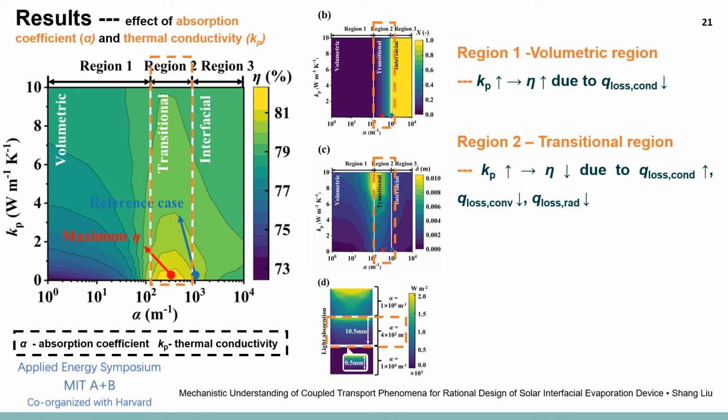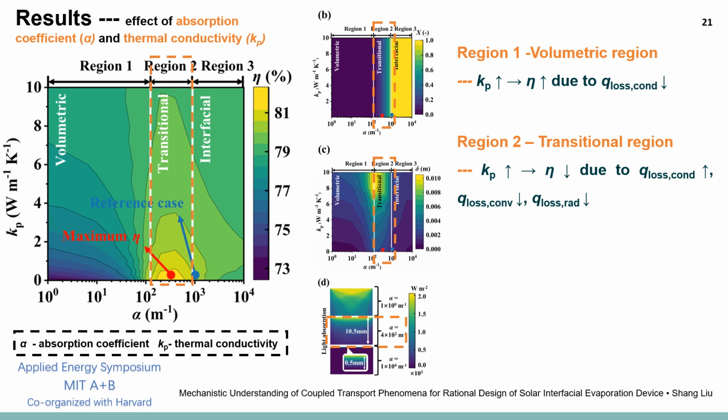And as for region 2 with the increased absorption coefficient, the light is absorbed within the evaporator. The interfacial location is in the middle of the system, and the larger interfacial thickness indicated that the temperature distribution in the system is uniform.